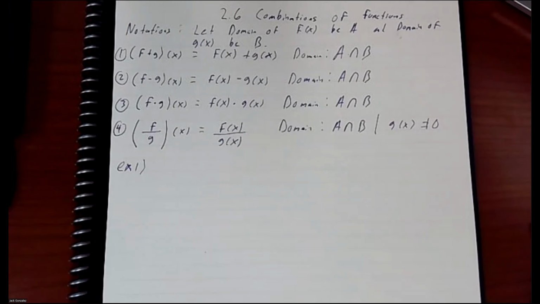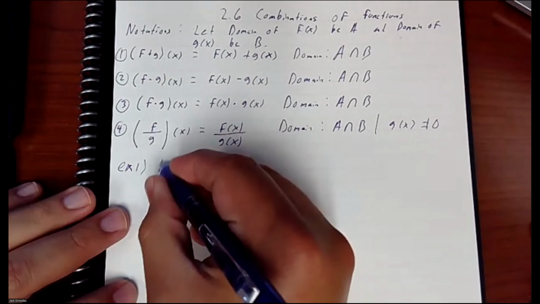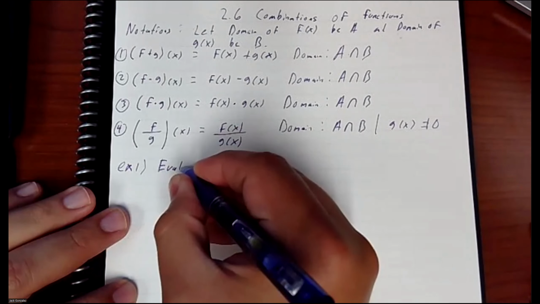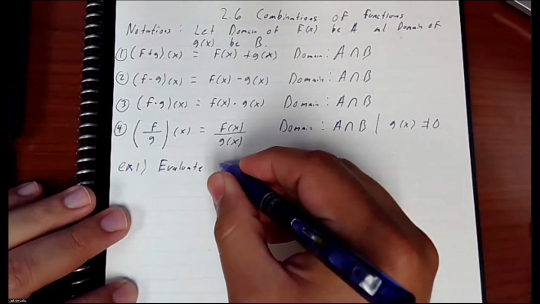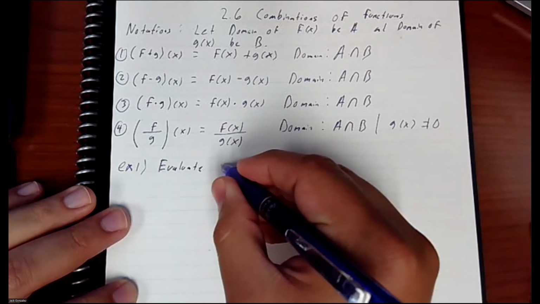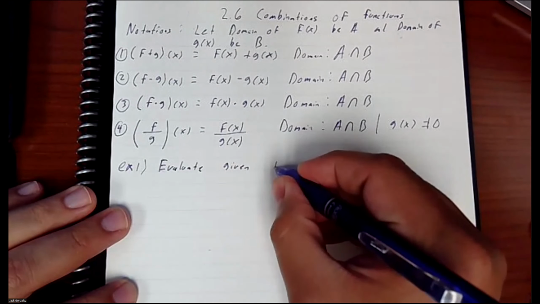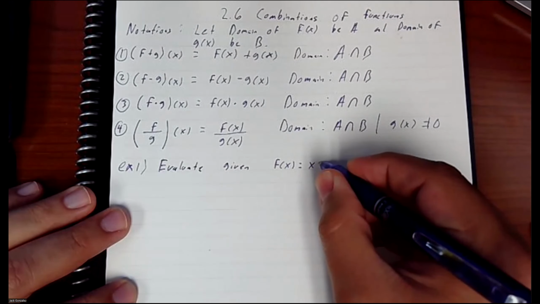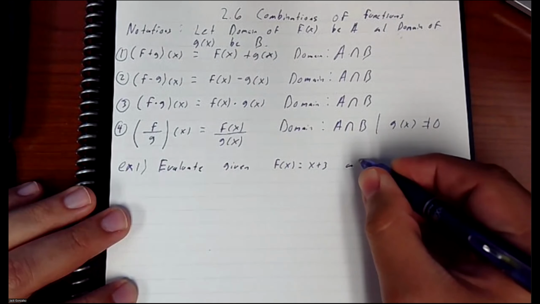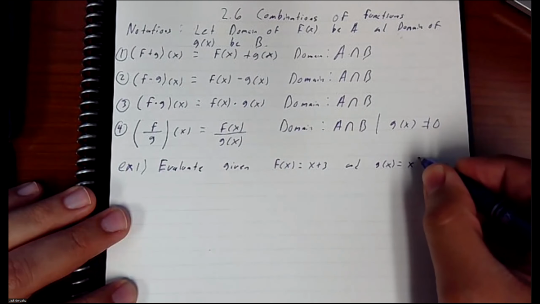All right. So first example. It's pretty easy actually. Evaluate, given f of x equal to x plus 3 and g of x equal to x squared minus 2.